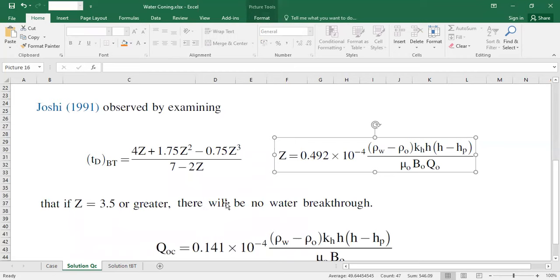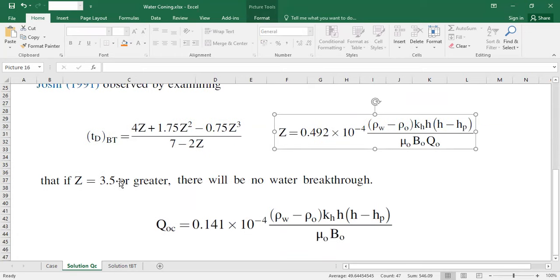Okay, or in another way to say it, we need to find the flow rate to achieve Z of 3.5, and we will call that flow rate the critical oil flow rate. All right. So critical oil flow rate is the flow rate that will give us Z equals to 3.5, okay? Or the flow rate at which level we will not have water breakthrough.